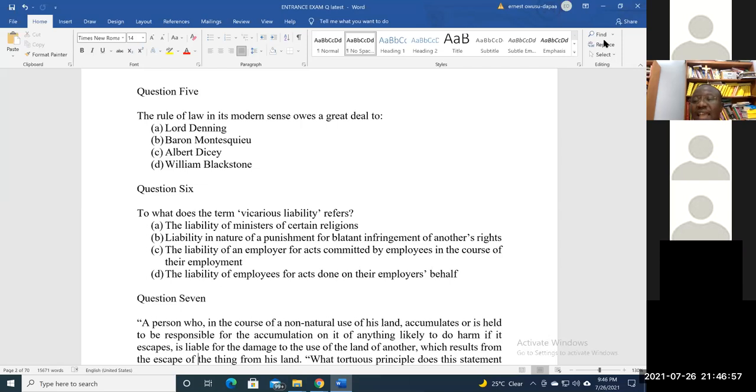A vicar is like your deputy or your representative. So vicarious liability: your representative has done something. Your representative has a burden, and that burden or liability is attributed to you because he is representing you. He incurred that while representing you. That is why we have the expression vicarious liability.